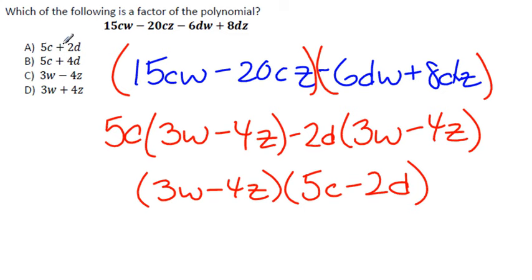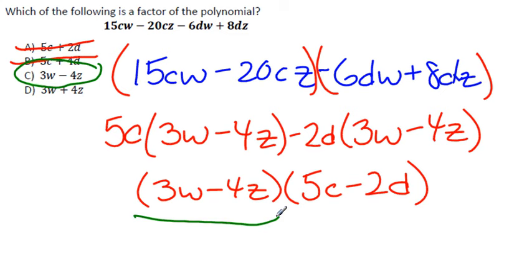I have 5C plus 2D, that's not there, that's a minus, so they're not the same, so that's not correct. I have 5C minus 4D. That's also not correct. That's not one of my factors. I have 3W minus 4Z. Okay, that one's it. 3W minus 4Z. That's my factor here.